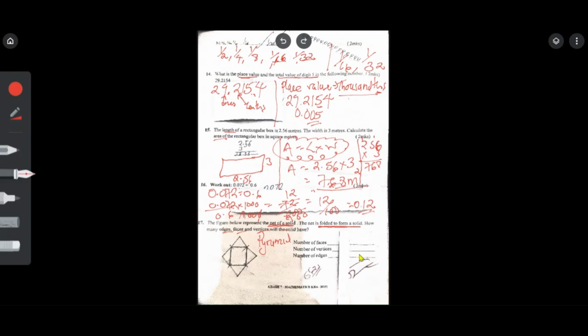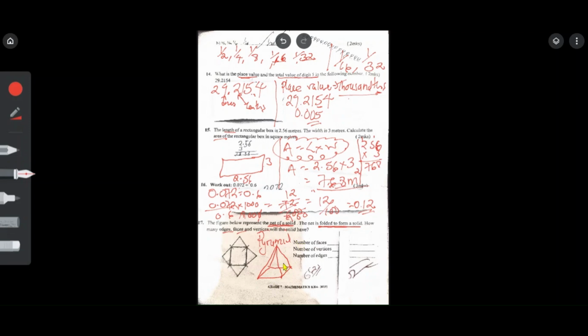The pyramid looks like this. So this now becomes, it was folded, the solid.